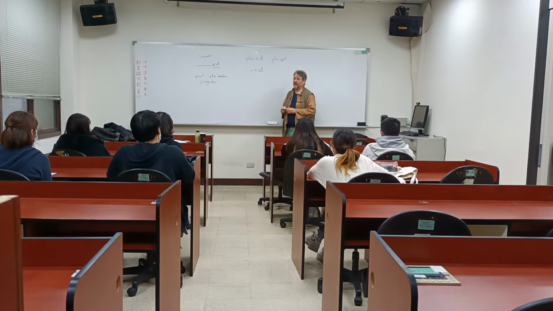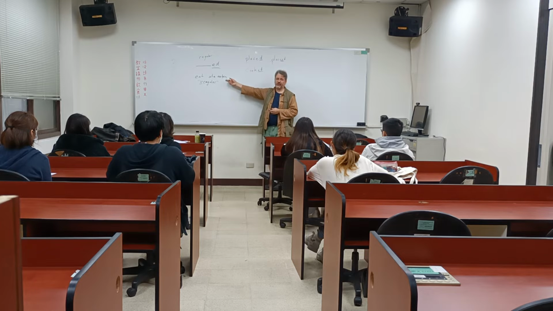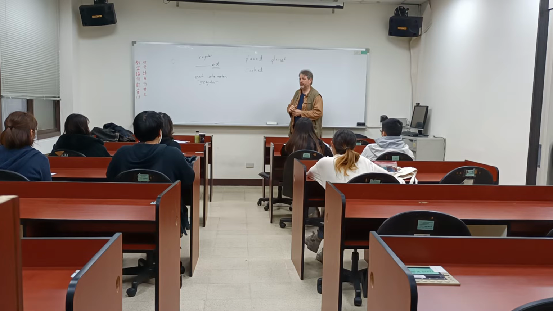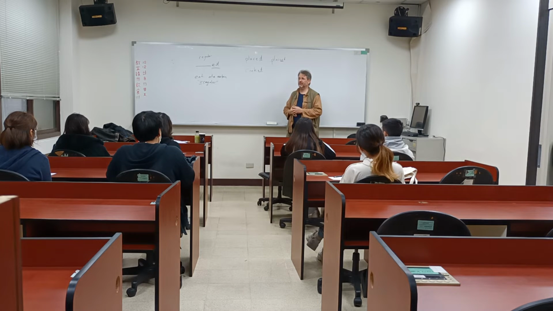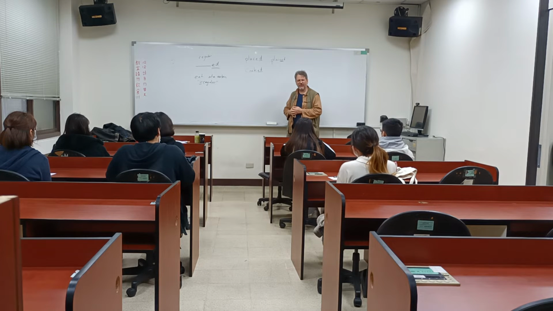Some verbs end with a vowel, but in English there aren't a lot of verbs that end with an O, right? Because we have verbs like go, but then they have go, went, gone, right? If we have a verb that ends with an A, it's always from another language anyways.